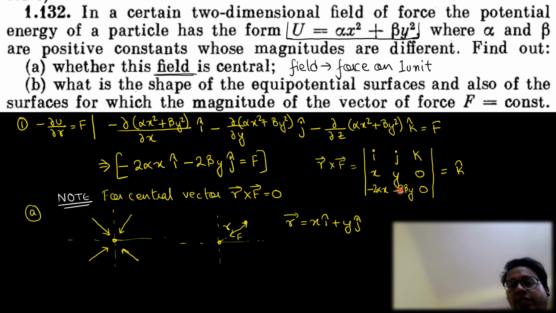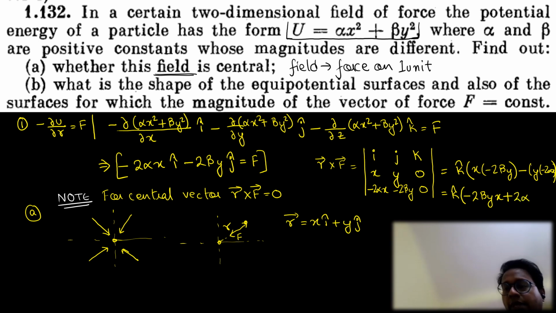And the k value is nothing but x into minus 2 beta y, minus of y into minus 2 alpha x. If I simplify this, k vector times minus 2 beta xy, and this minus would become plus, plus 2 alpha yx.